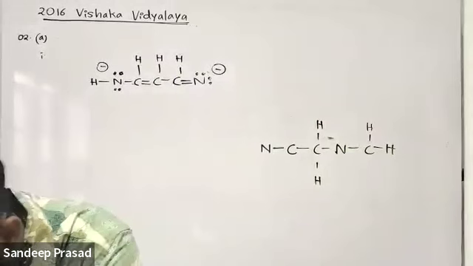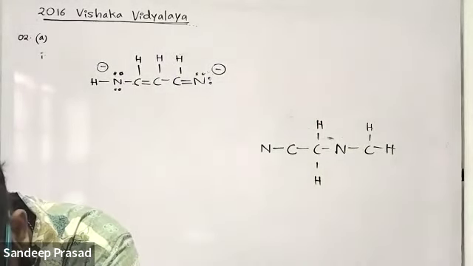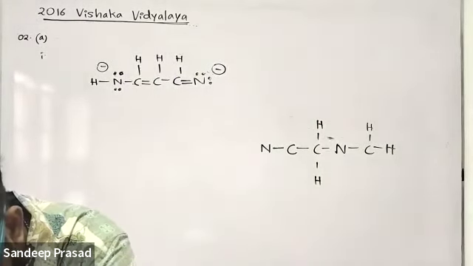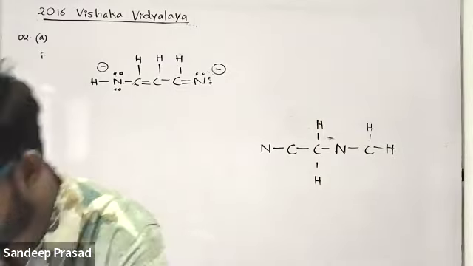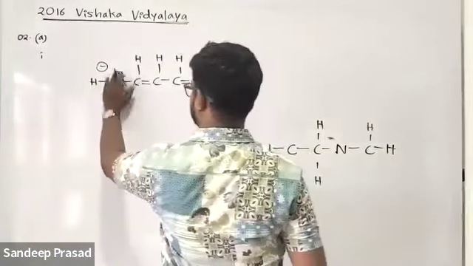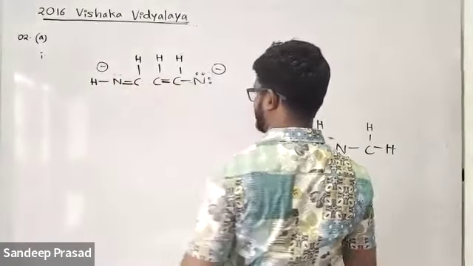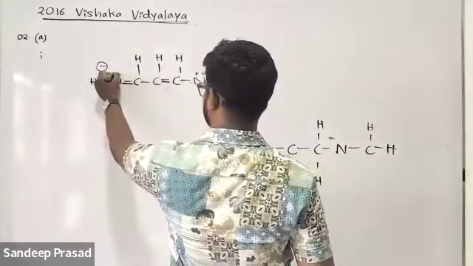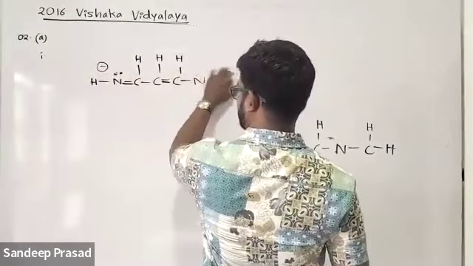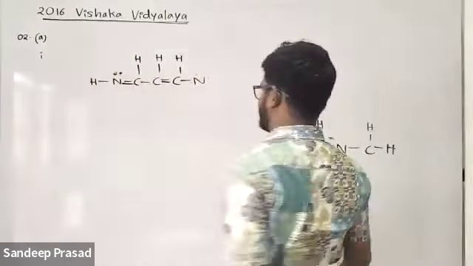What if we put a double bond between the first nitrogen and the first carbon, and then between the second and third? In this way. Then also we have an issue.